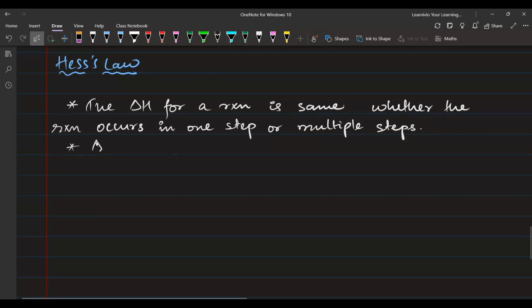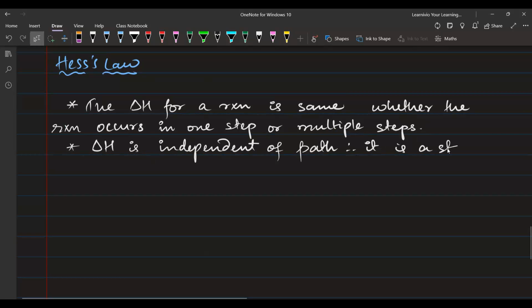Next point. Delta H is independent of path. Therefore, it is a state function.